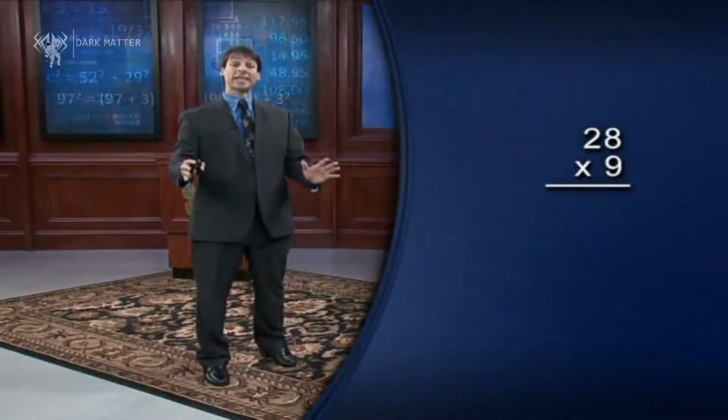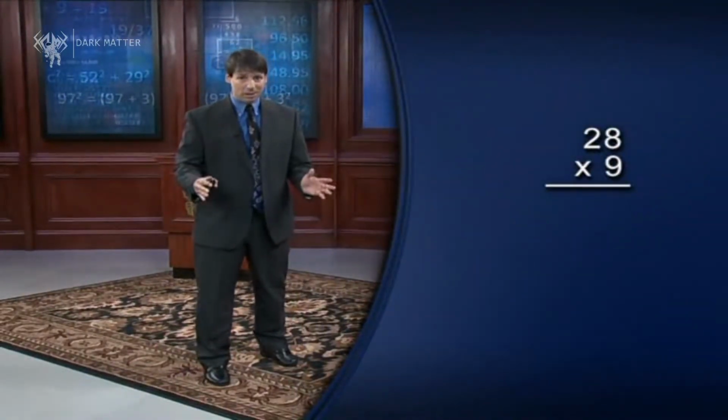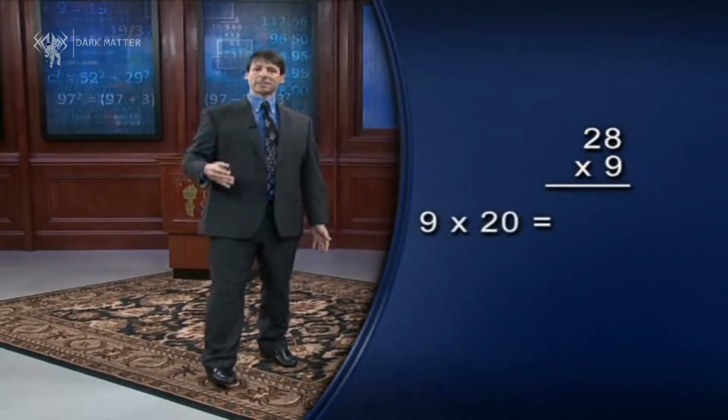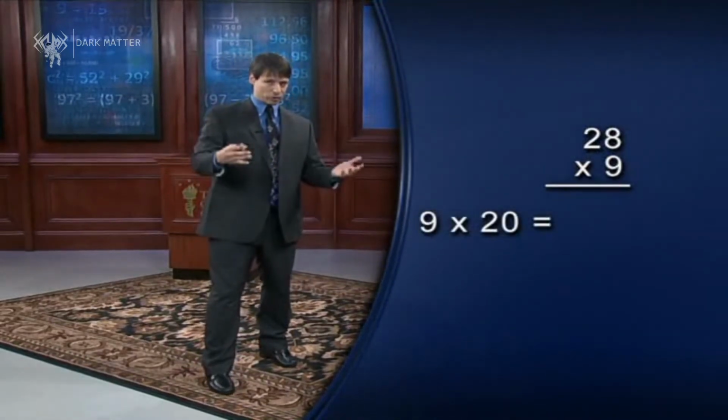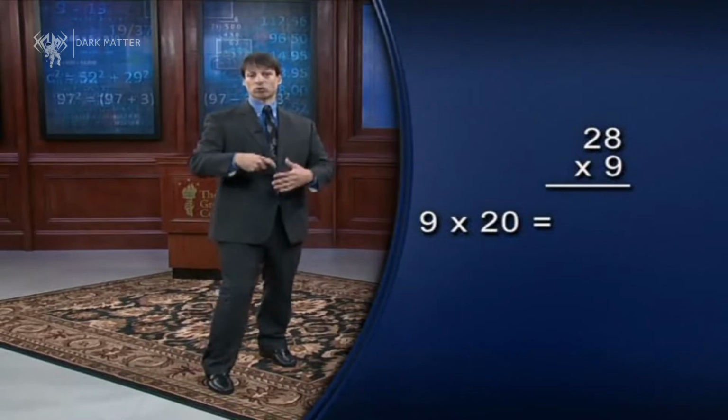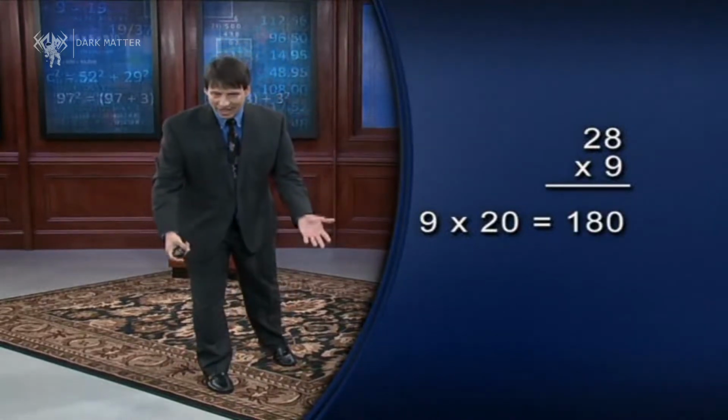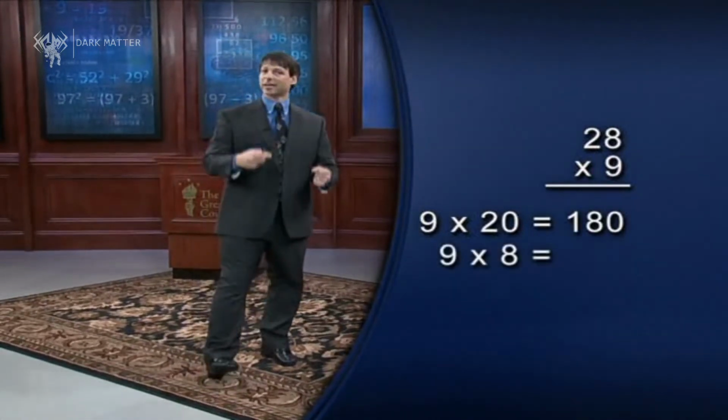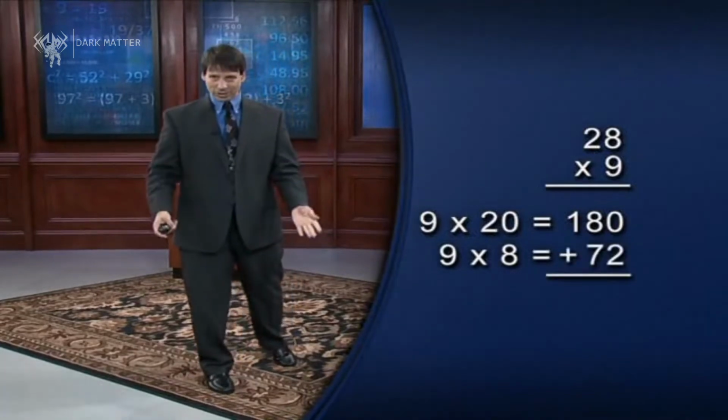The next one's a little harder because it has a carry, but it's still not too bad. Let's try the problem 28 times 9. All right, we start with 9 times 20. 9 times 2 is 18, so 9 times 20 is 180. Next we do 9 times 8, which is 72.